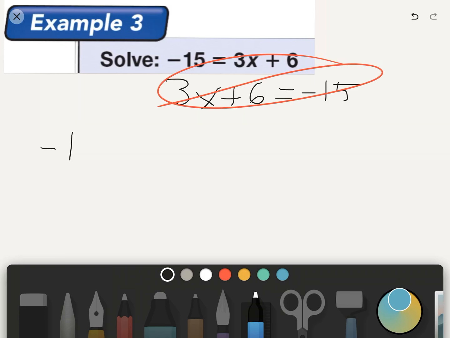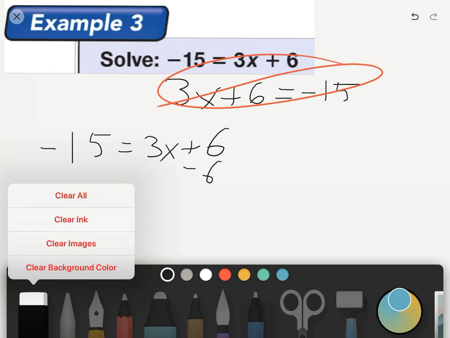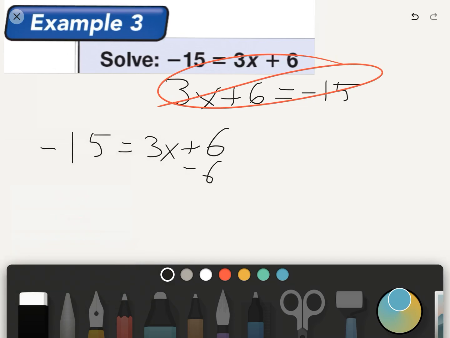Okay, so looking at this, negative 15 equals 3x plus 6. You can minus 6 from each side. But oh, what happens when you're doing negative 15 essentially minus a positive 6? So negative 15 minus 6 will actually send you left on the number line.